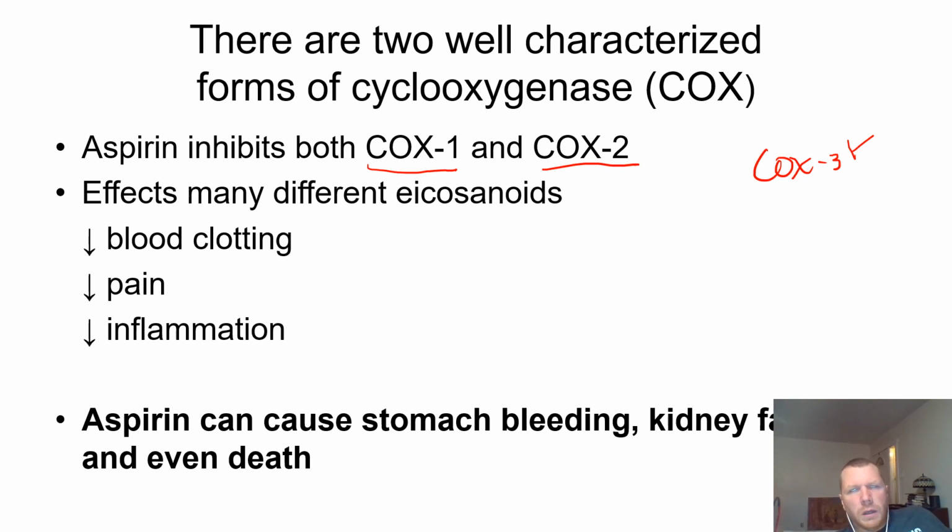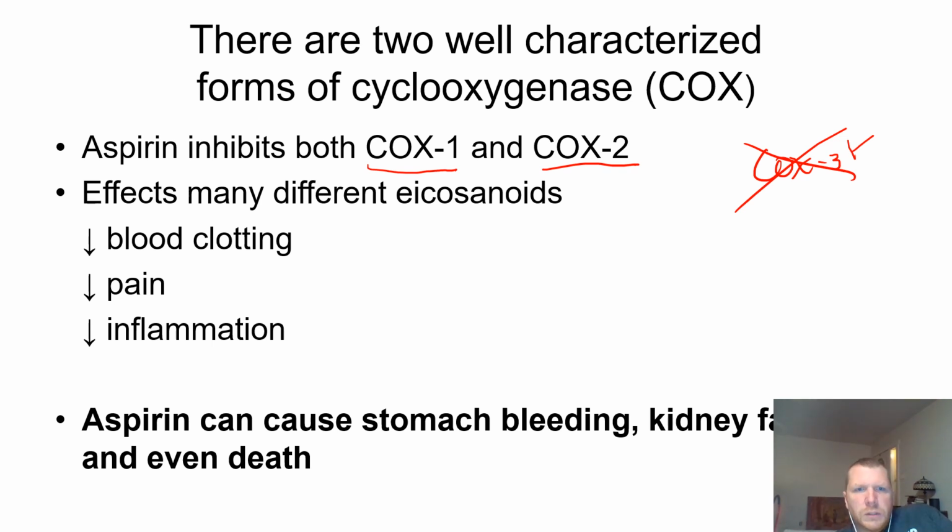I can't remember what the drug was, but the conclusion was there was not actually a COX-3 enzyme. Instead, this drug was working as an inhibitor simultaneously of COX-1 and COX-2.